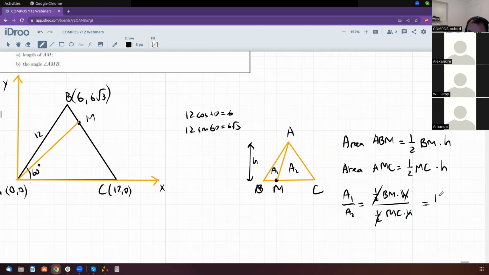So the ratio of the areas is the ratio of the lengths. So the ratio of the lengths is 1 to 5 as well. So BM to MC is also 1 to 5.